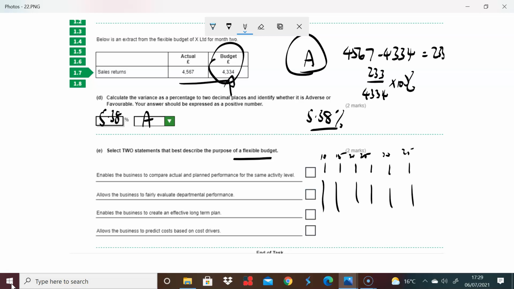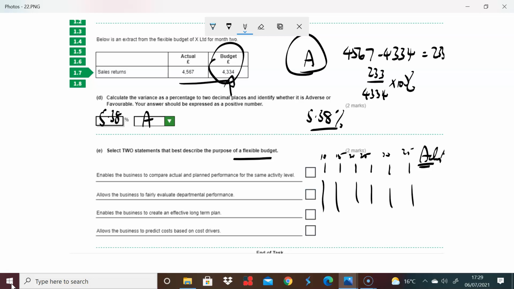The whole point here is that the purpose of a flexible budget is that the business can compare actual and plan. So whatever actually happens, we can now compare that with what was planned because we're literally just picking out one of the key budgets from here to compare with, and we can see what the movements are.